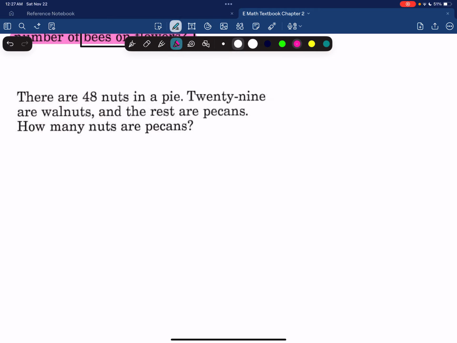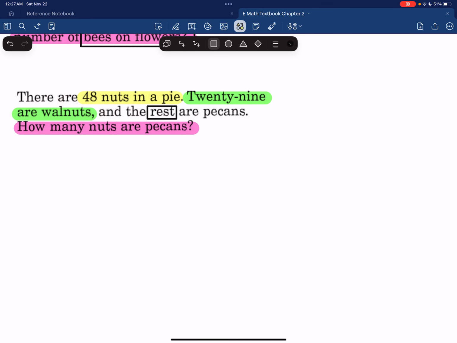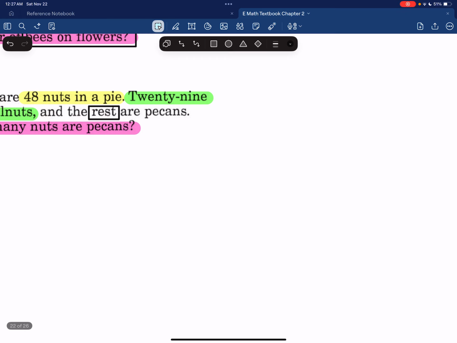So the question, how many nuts are pecans? That's the unknown. The total is 48, and we know that 29 are walnuts. We also have the keyword rest, and that means subtraction somewhere. So let's draw a bar.